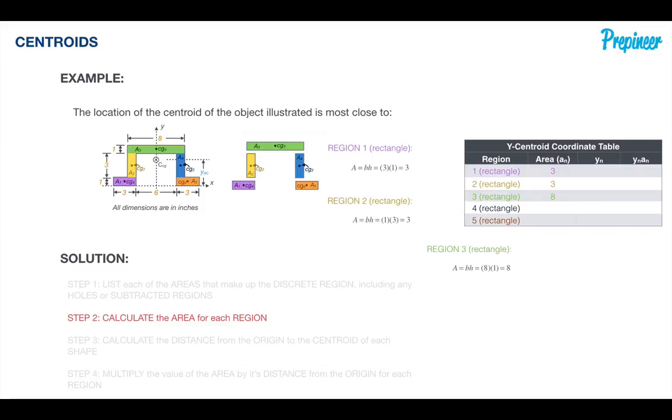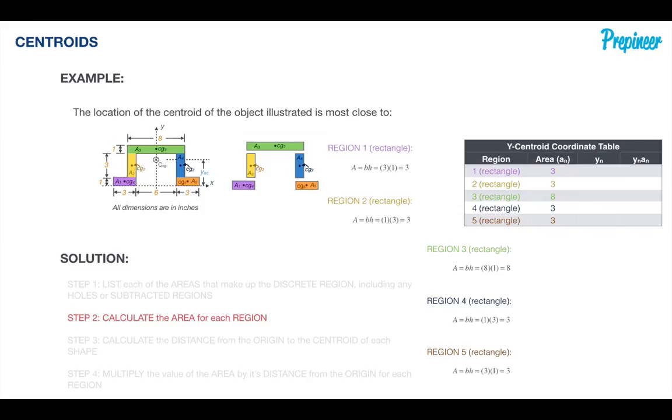Region 3 has a base of 8, a height of 1 for a total area of 8. Region 4 has a base of 1, a height of 3 for a total area of 3. And finally, region 5 has a base of 3 and a height of 1 for an area of 3.